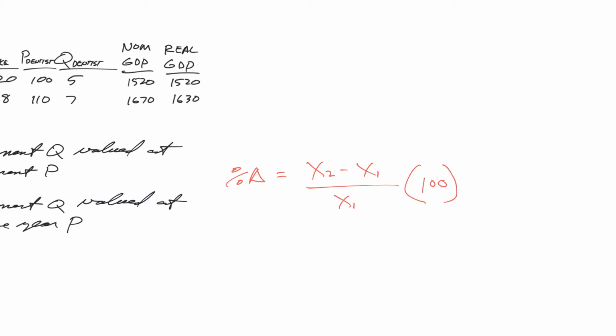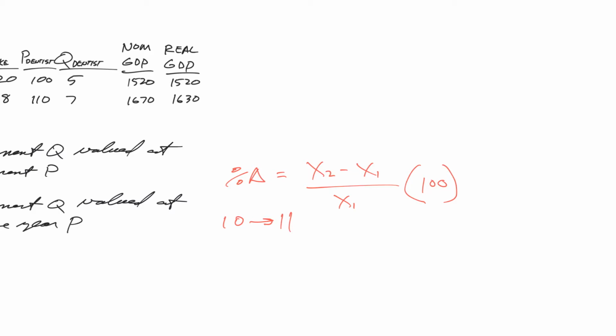Okay, here's an example. Let's say that something goes from 10 to 11. Let's say a price change. Prices go from $10 to $11. At what rate did prices change?